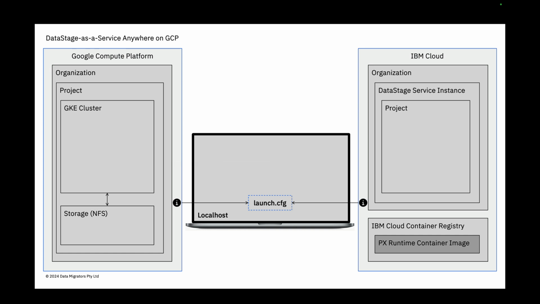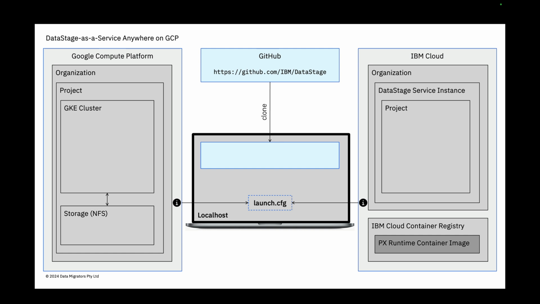What that file is going to be used for is to help us connect these two environments. And the utility to do that is provided by IBM in this GitHub repository. That's publicly available, so you just need to create a GitHub account and go there, and then you can clone that down to your local environment, your laptop, and in there you'll find a script called launch.sh, and we will invoke that script using our launch.cfg file as its parameter.